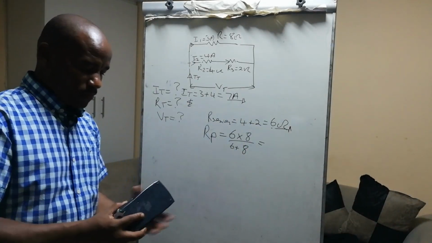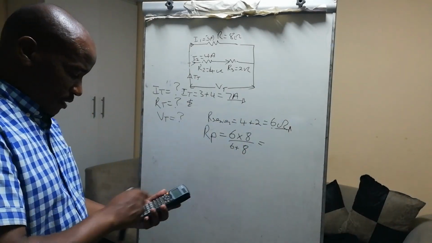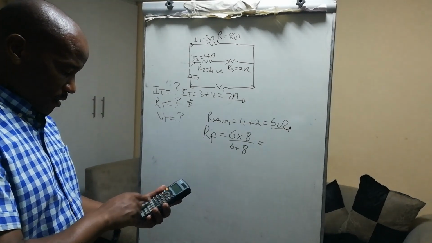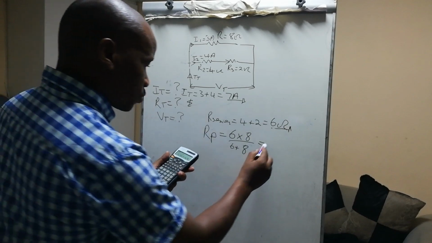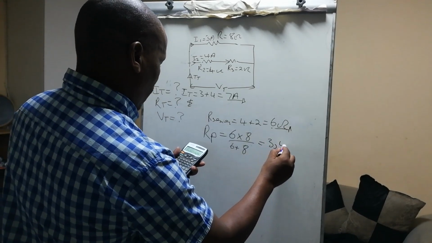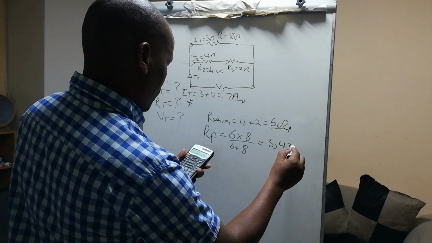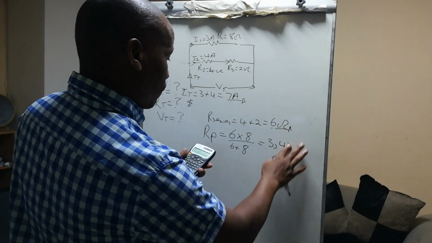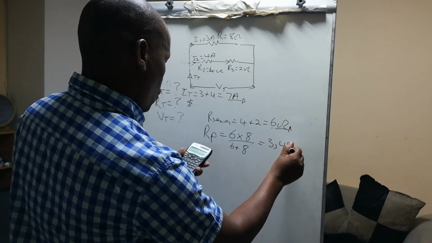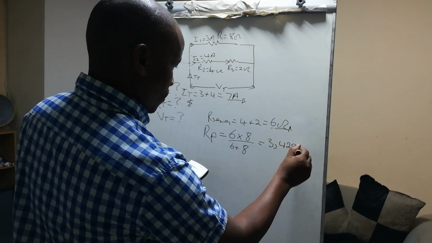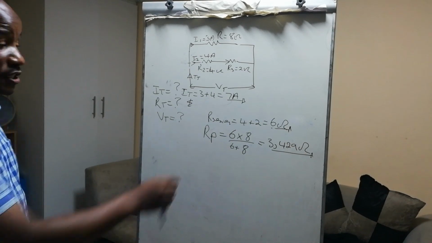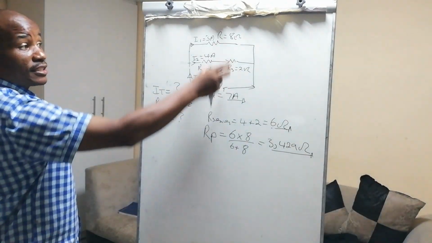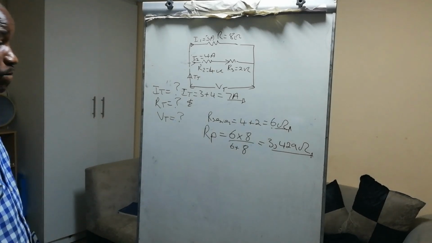Okay, here it is. 48 divided by 14 is equal to 3.429 ohms. Very important units, ohms. It is the total resistance of the circuit.